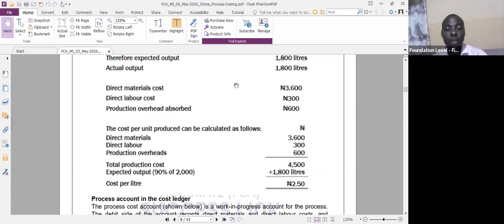And so when you have 1,800 liters as our expected output, and you look at the production cost of 4,500, 4,500 divided by 1,800 gives you 2 naira 50 kobo per liter. So that is how you value a good product.